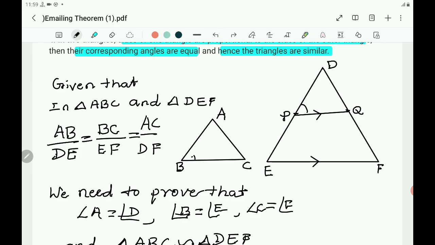So here one more side means we have to prove that BC is equals to PQ. If you got BC is equals to PQ, then you can take the triangle ABC is congruent to triangle DPQ according to the SSS congruence rule. So how will you prove this BC is equals to PQ? That is possible by taking the corollary of the Thales theorem.